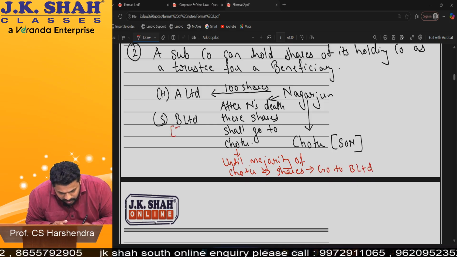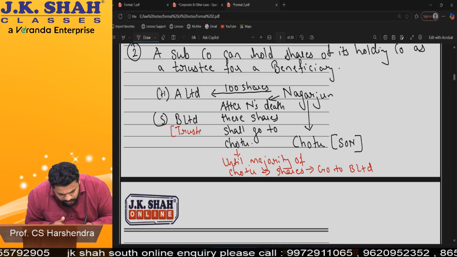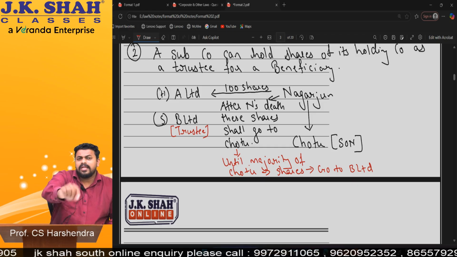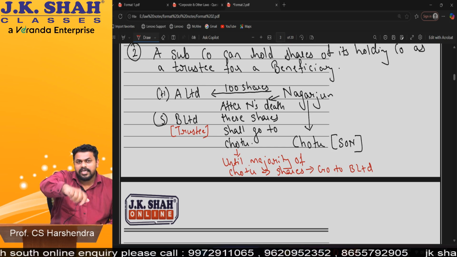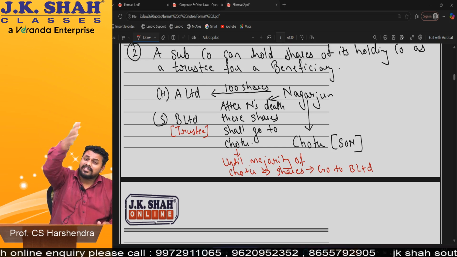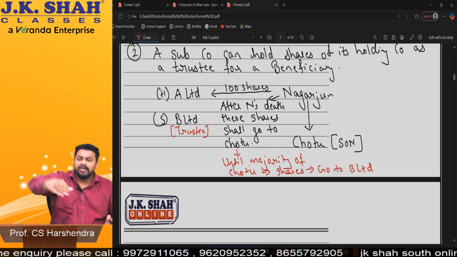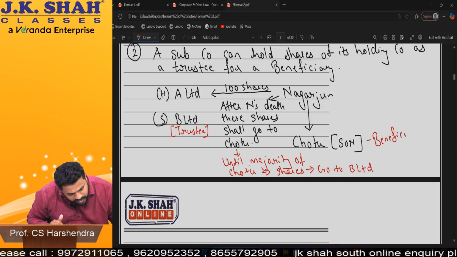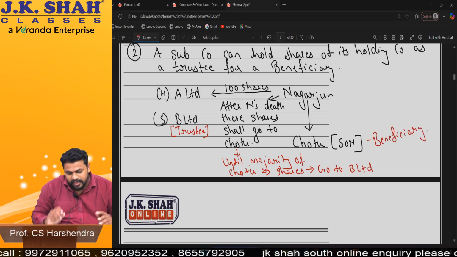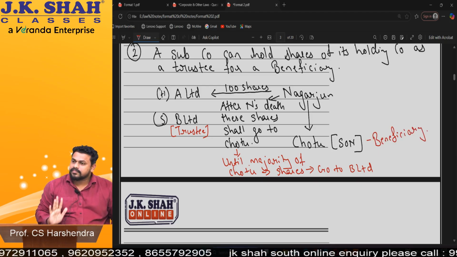Trustee. Trustee for whom, beta? Chotu. Yes or no? So here B Limited, after Nagarjun's death, if Chotu is still a minor, will hold the shares of its holding company as trustee for a beneficiary. Who is the beneficiary, beta? Chotu. This is also possible. Am I clear with this? Yes. Everyone.